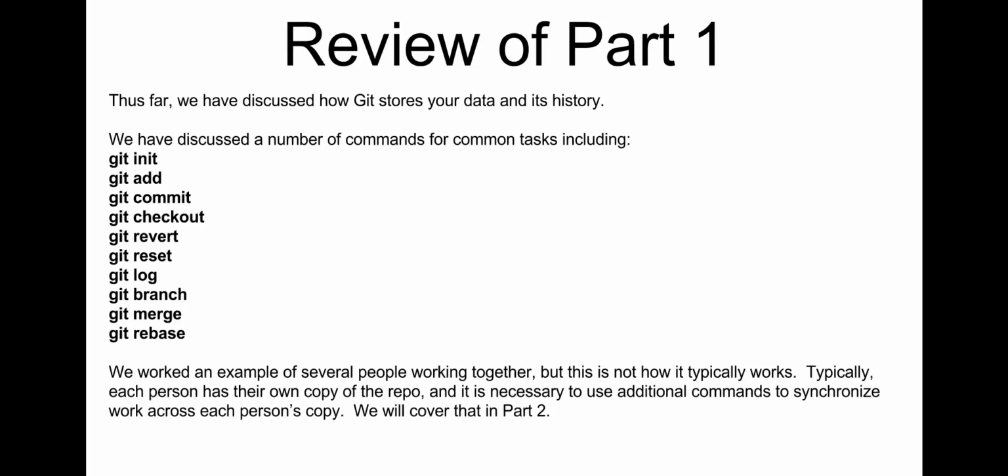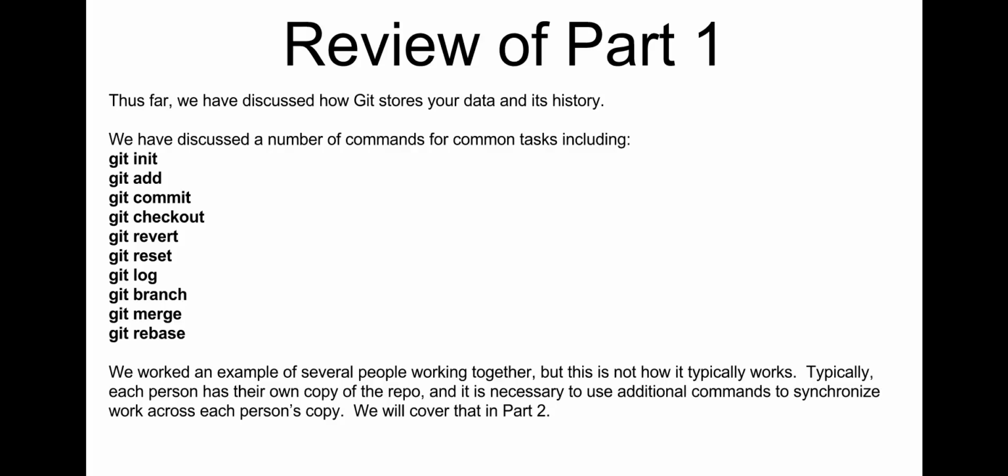Now, I want to point out that we worked an example of several people working together on different tasks in a single repo, but this is typically not how it works. Typically, we're using a collaborative, distributed collection of repos using a tool such as GitHub, which I will get to in part 2.